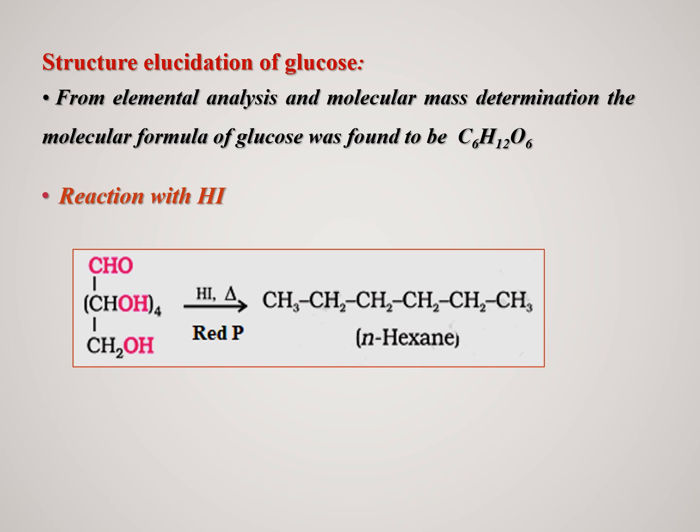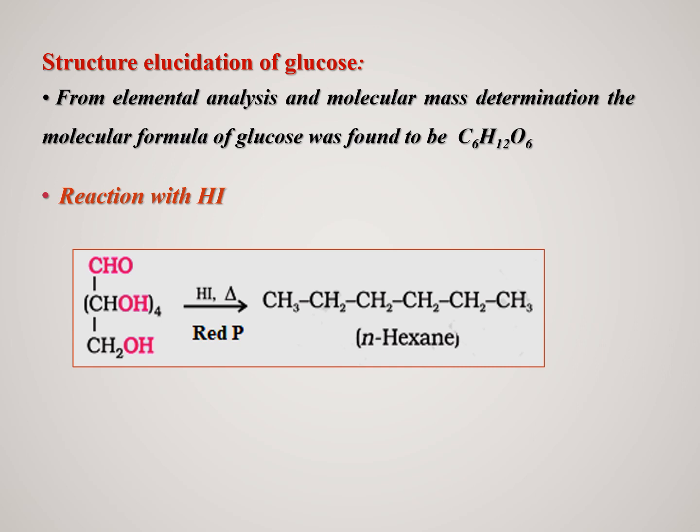So now when we are looking at the formula of glucose, which we have written as CHO, CHOH and CH2OH, let us react it with hydrogen iodide and red phosphorus. When we do this, there is reduction happening at all the carbon atoms.